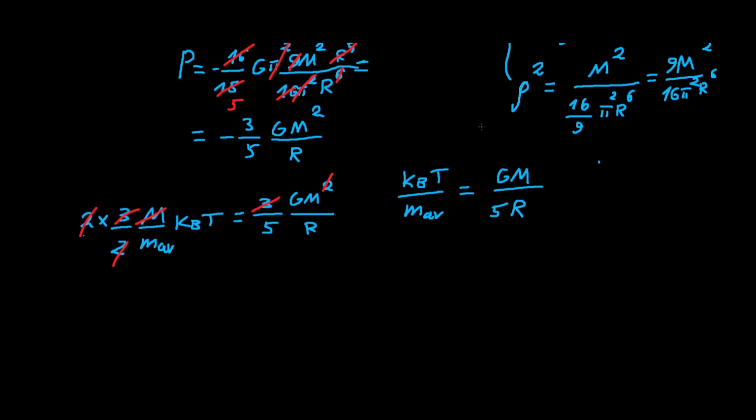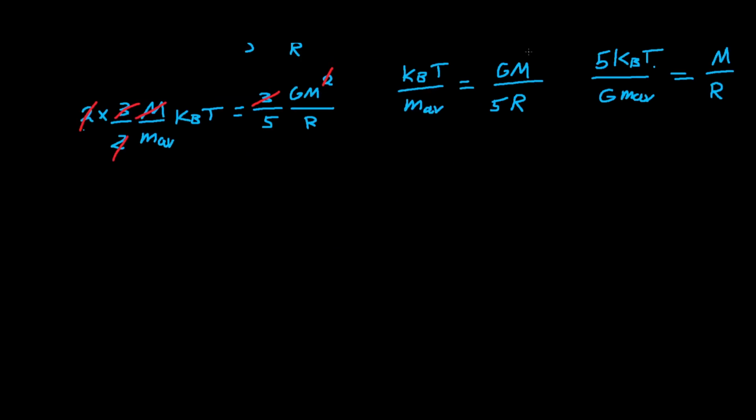Let's do it step by step. 5 k_B T times G over m average equals M divided by r. Now put both sides on to the third power as we said. It will make our life easier in a second.